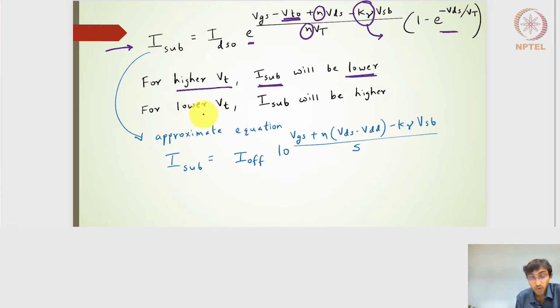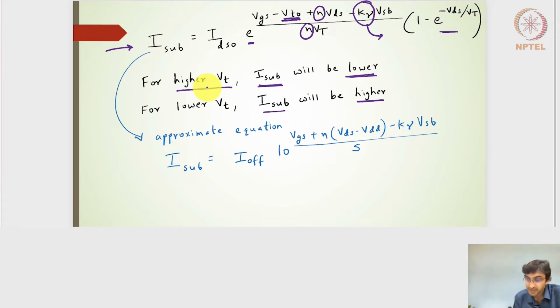And if I choose a lower VT, lower VT will give me VGS minus VT0 to be higher. An exponential of a higher value will always give an increase in the subthreshold leakage current, so the I sub will be higher. What we really want is a lower subthreshold leakage current, so in that sense, we'll have to use a higher VT.